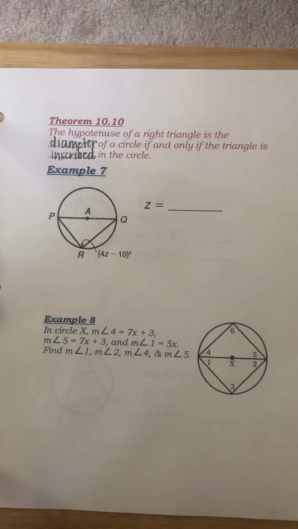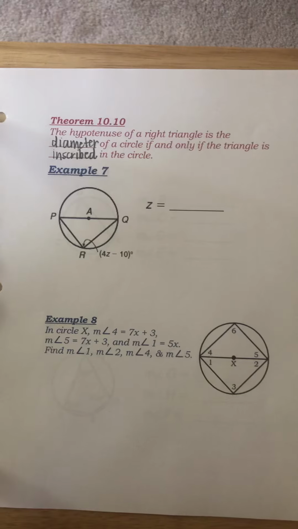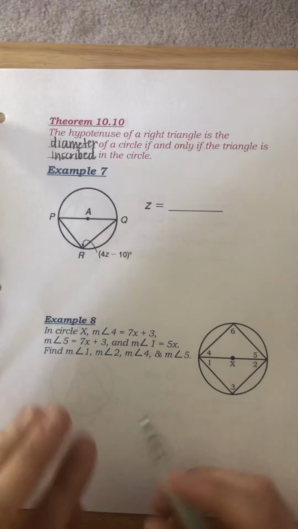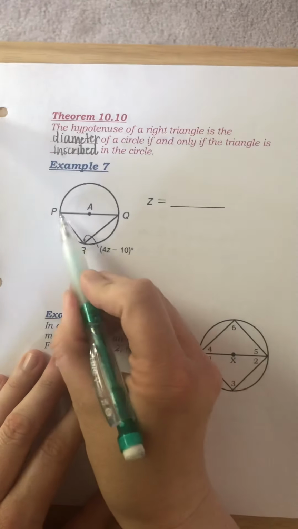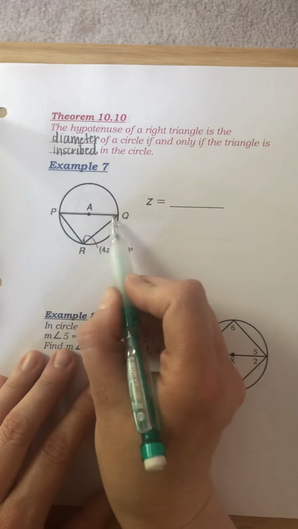So let's go over what this says. It says that if you have a right triangle that's inscribed inside of a circle, then the hypotenuse is also the diameter. So let's look at the picture for example 7. They're asking us to find the measure of z, or what z equals. If we look at the picture, PQ is the diameter.